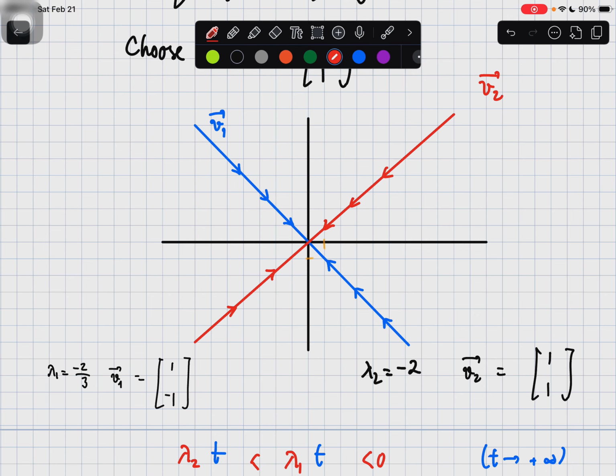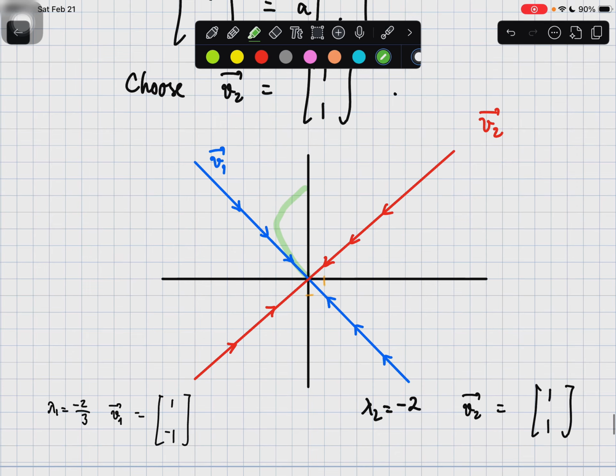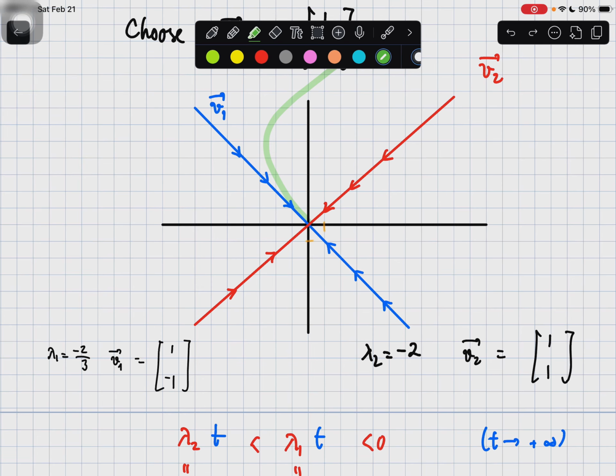So let's go close to v1. It's going to go like this. On the other side, when t is minus infinity, it is parallel to this one, but it will be too far away. So the general picture near the origin would be like this.